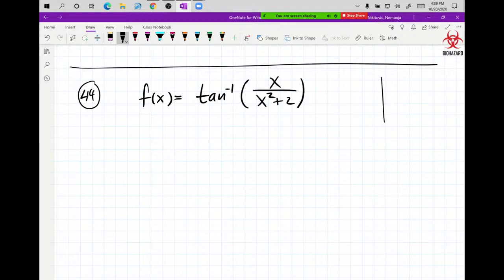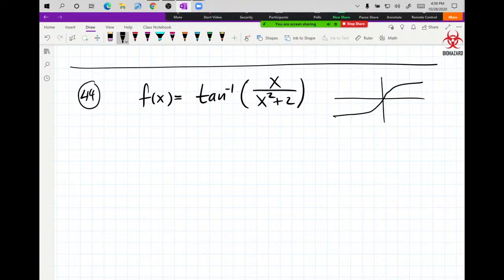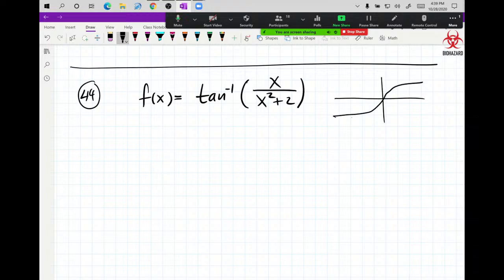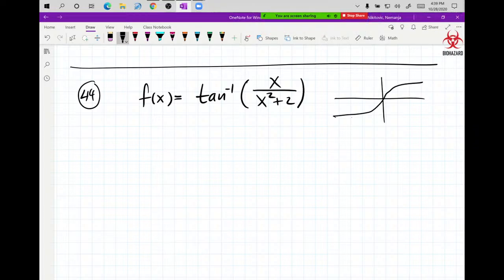The vanilla graph of the original inverse tangent has a domain forever. That can be ruined if the argument becomes undefined at any of the points. But x squared plus 2 is always a positive number, can never be 0. Therefore, we don't have any issues in the domain. So the domain here would be negative infinity to infinity.